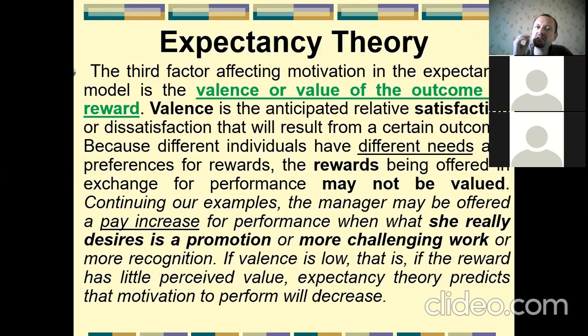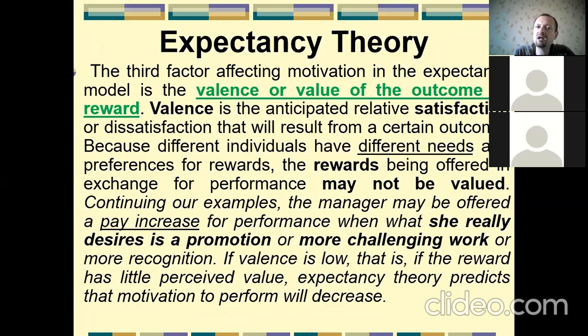And the third component of the theory is that every reward must be valuable for a person. It must have a big balance in terms of expectancy theory. So as a subordinate, I must think about this reward as a valuable thing.